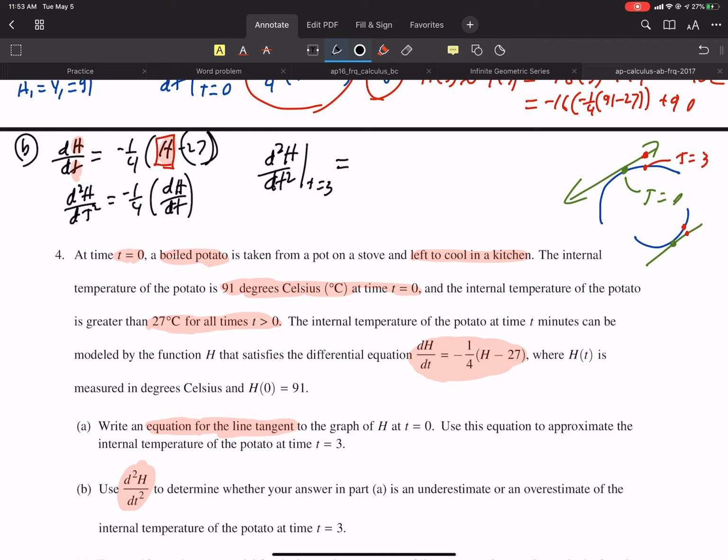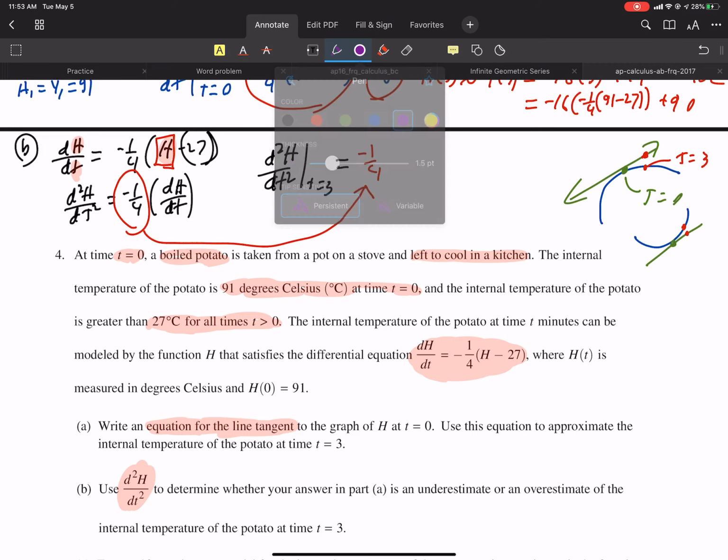So you might say, well, how do I plug in 3 here? What you could do is plug in 3 into the dh/dt, get that value, then plug it in here. Or you can replace dh/dt with all of that. So let me do this. That part here is negative 1/4, right?